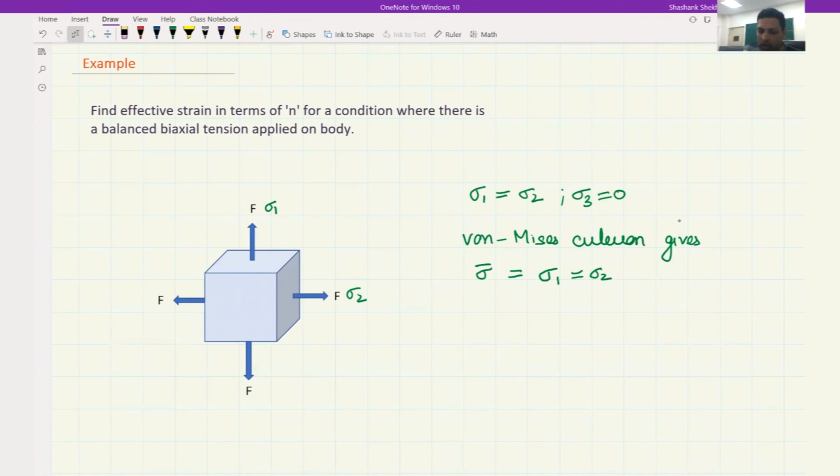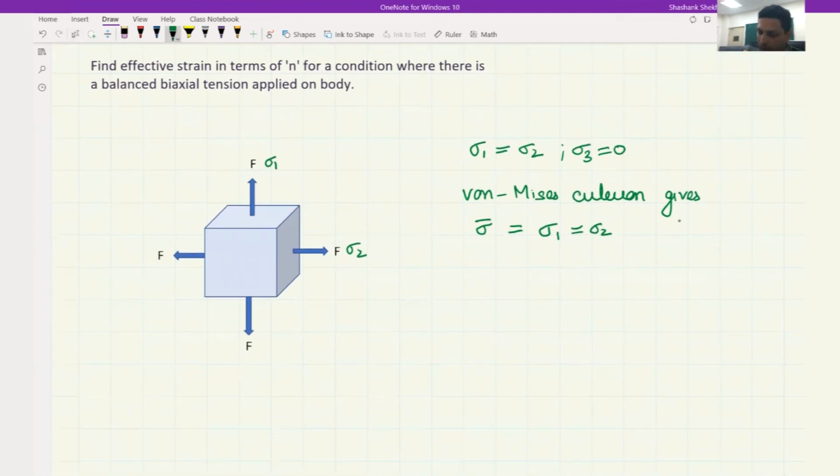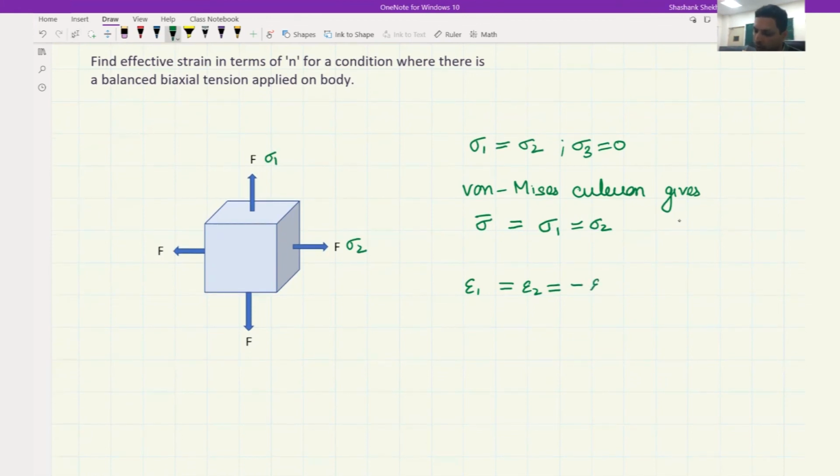Now, since it is symmetric, therefore epsilon 1 is also equal to epsilon 2, and it is a plane stress condition. Therefore, the third one will have to be such that the total volume strain is equal to 0, and therefore epsilon 3 would be equal to minus (epsilon 1 plus epsilon 2), so epsilon 3 is basically twice of epsilon 1 and 2 in magnitude. Now if you sum it up, you would see that it will come out to 0. And from there we get the relation between epsilon 1 and 3.